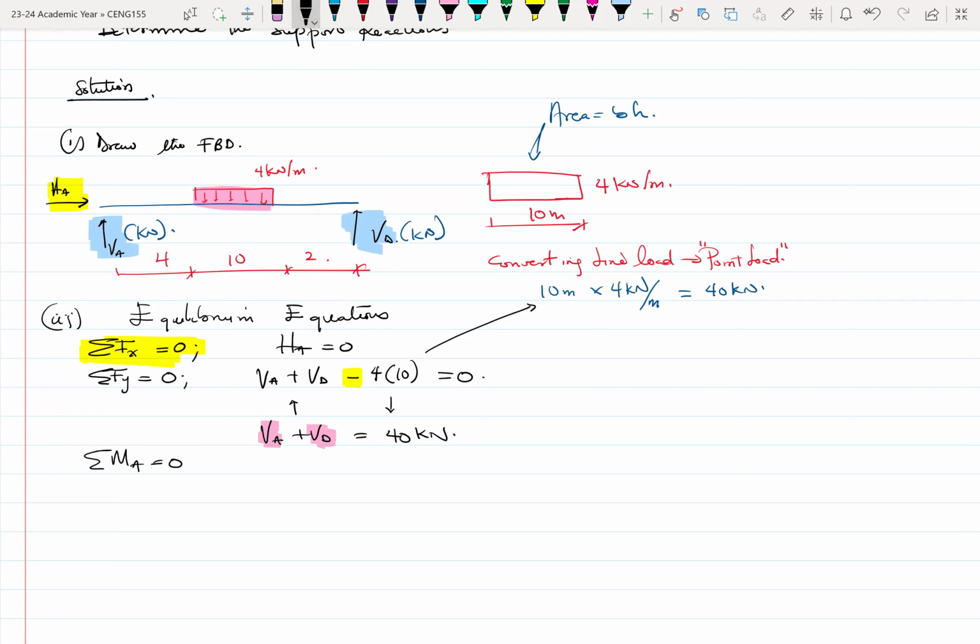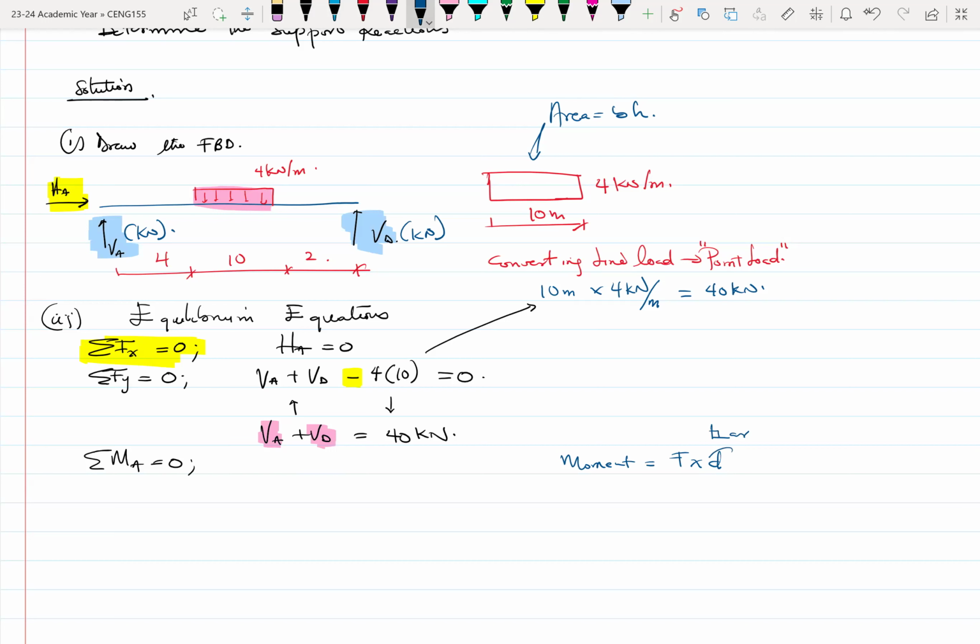about some point. Okay. So in this case, let's find moment about point A. We understand that when we are finding moment, it is force times perpendicular distance. Perpendicular distance.